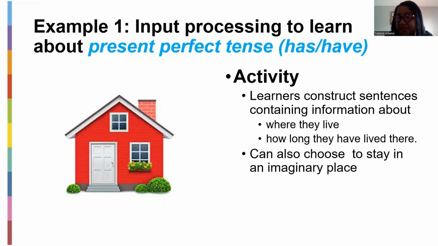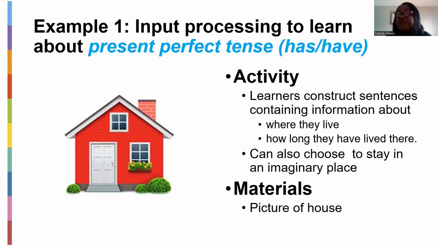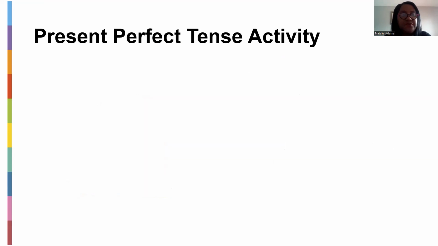They can choose maybe an imaginary place. It doesn't have to be their place specifically. The materials that you are going to use as a teacher might just be a picture of a house. And then you're going to guide them. And then three random past dates so that they can choose when they have actually moved into the house.